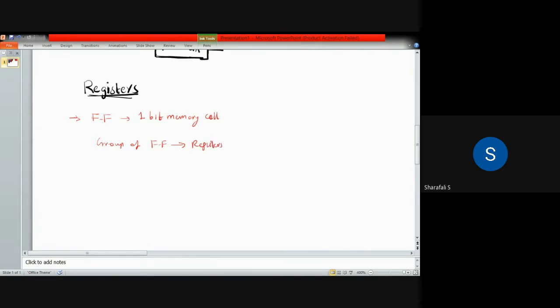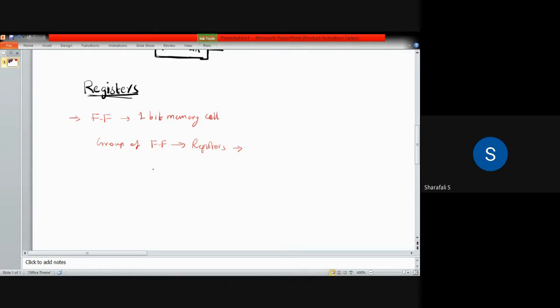You can search for a definition; this is just for understanding. This we use to store more data.